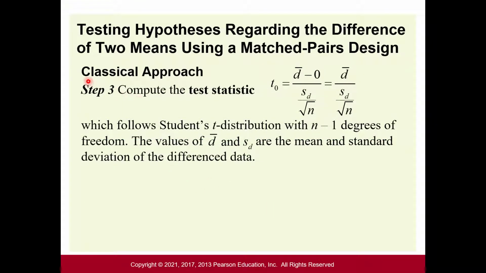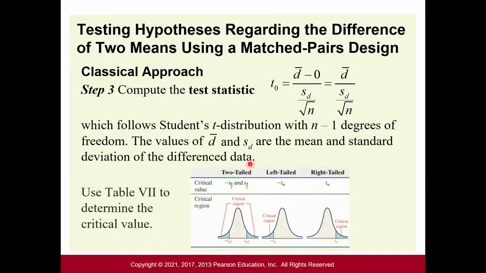Step 3, this is where we split between approaches. For the classical approach, we compute our test statistic t naught, which is calculated as d bar, the mean of our difference data, minus 0, over s sub d, the standard deviation of the difference data, over square root of n. Then we use our t distribution table to determine our critical values.